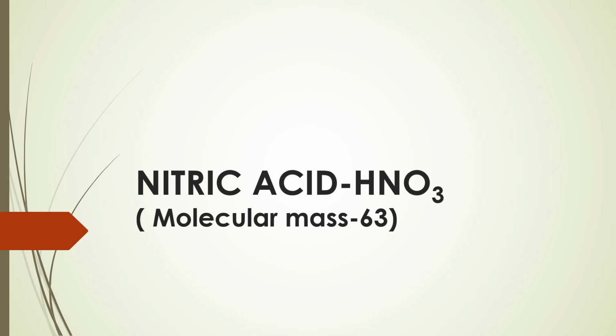With the help of Haber's process, large-scale preparation of ammonia was possible, due to which the large-scale production of nitric acid was also possible later. So today we are going to discuss large-scale preparation of nitric acid by the Ostwald process.